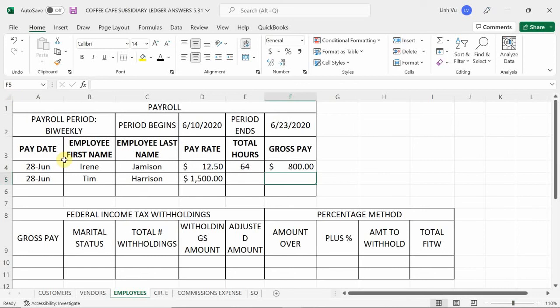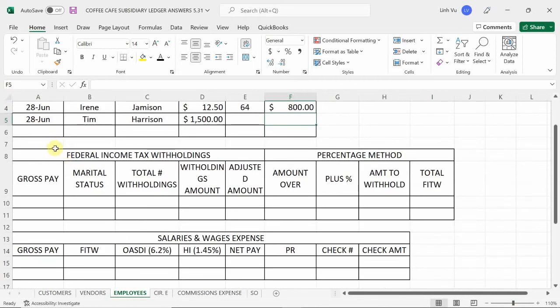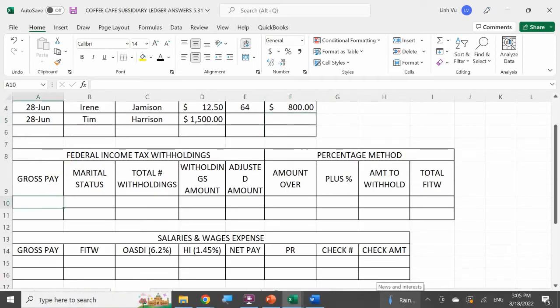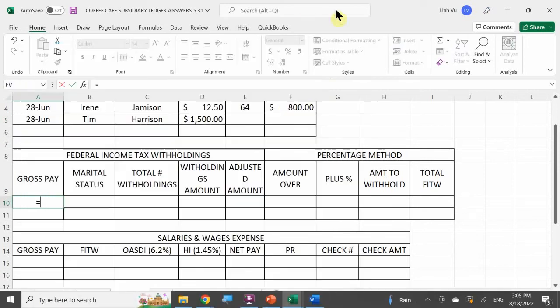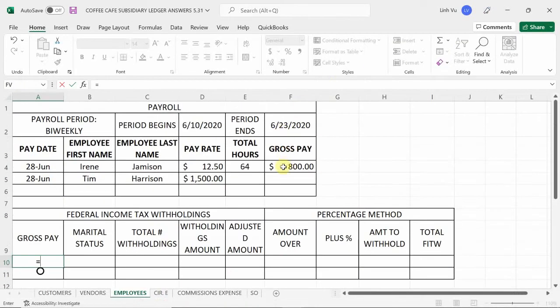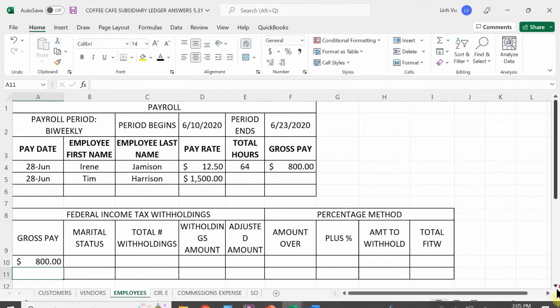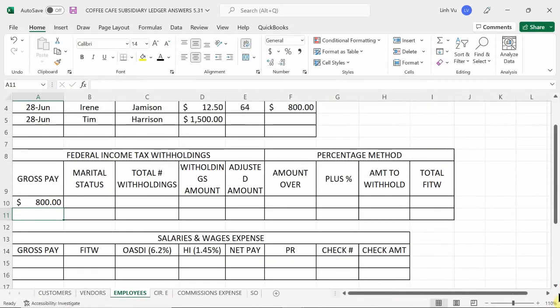She earned $800 even. So I'm going to treat the first row here as Irene's. If she earned a total of $800, the first thing we have to do is figure out what her federal income tax withholdings are. We need to know her marital status. She claimed single.